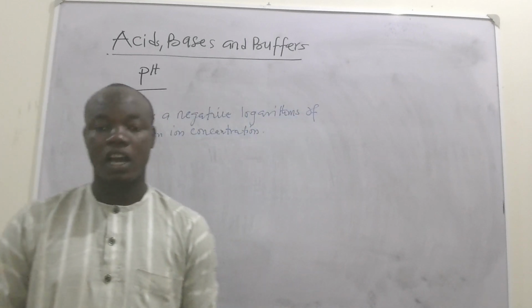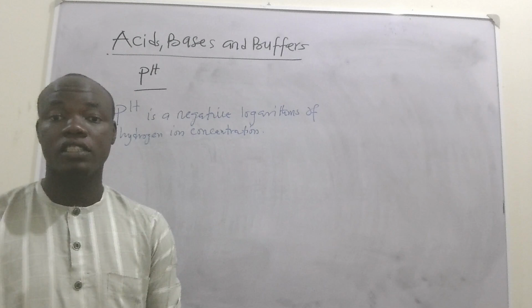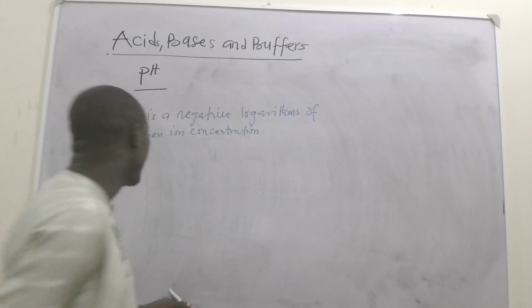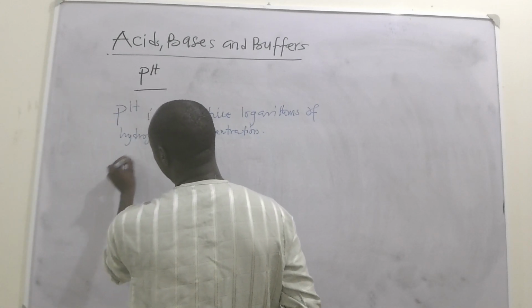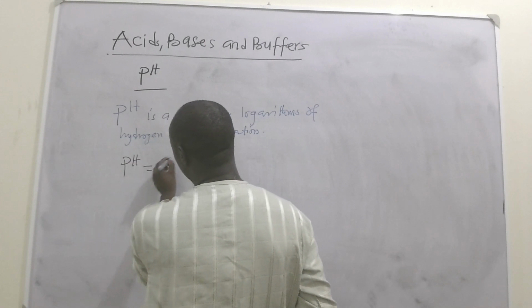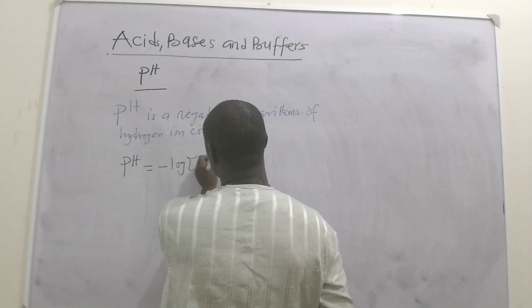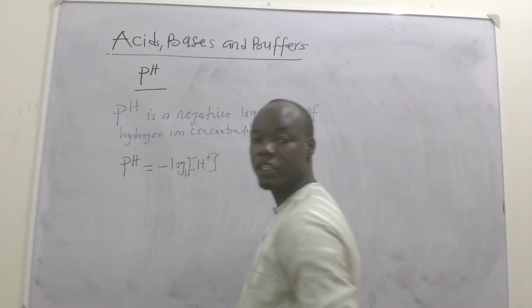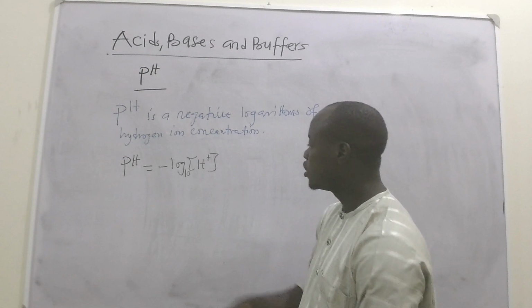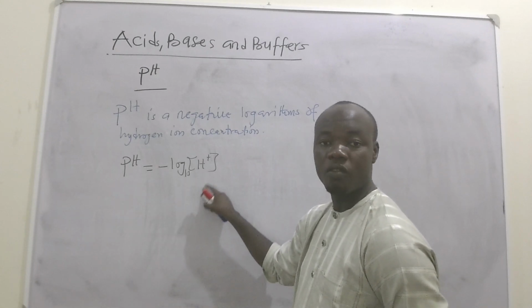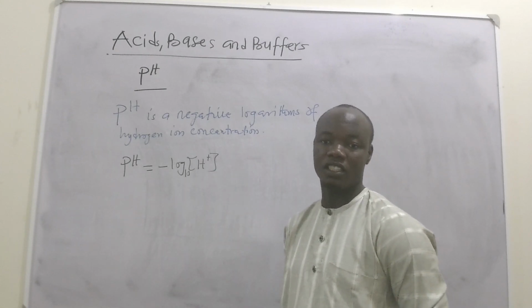So how do we write the pH using an equation? We have an equation which says pH is equal to minus log of hydrogen ion concentration, and of course here the log is base 10. So pH is equal to minus log of hydrogen ion concentration.